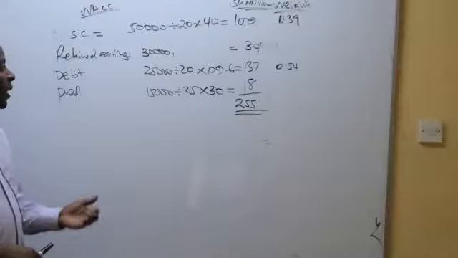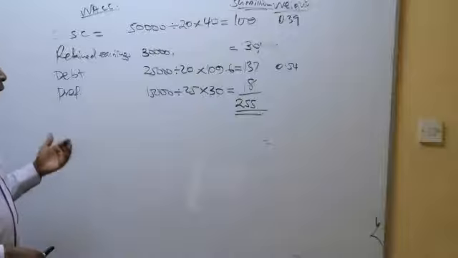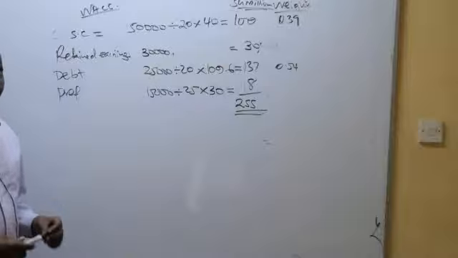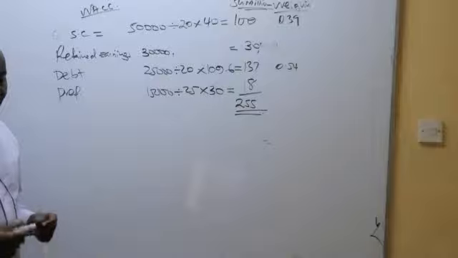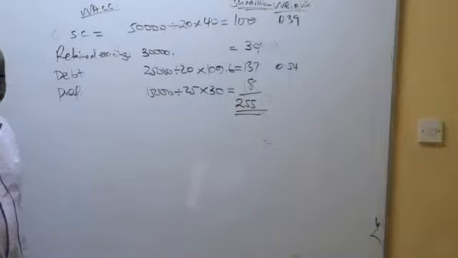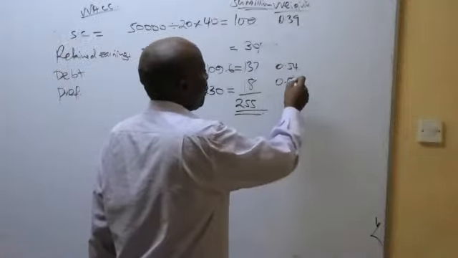So I'm now waiting for you guys to give me a figure for retained earnings and a figure for preference. Preference, I'm being given 0.07.